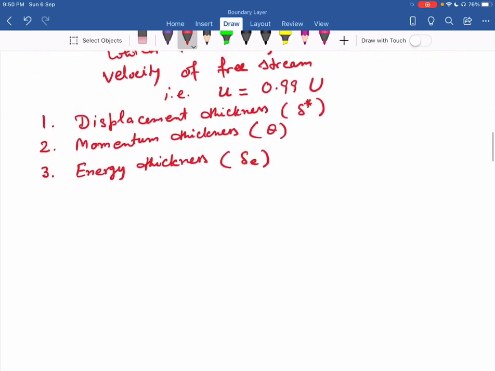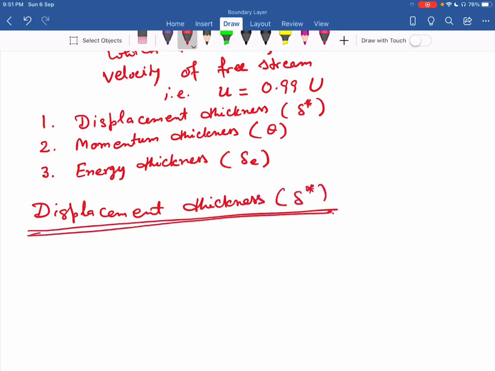Now we see the first definition, displacement thickness, delta star. What is the meaning of this?